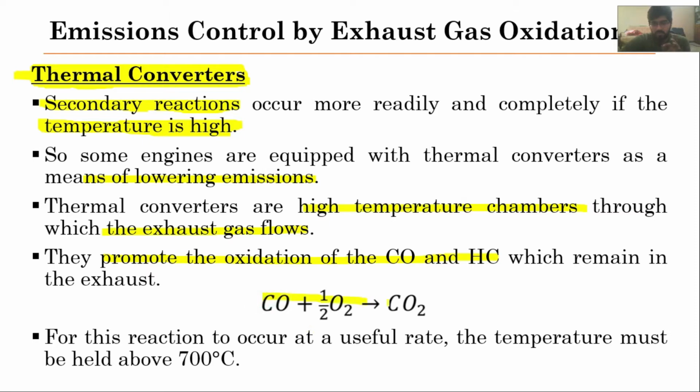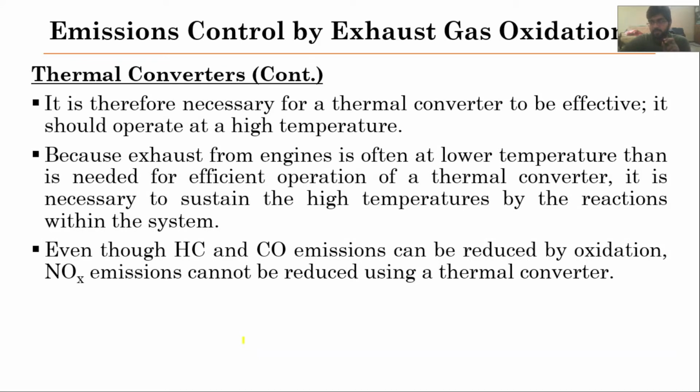Carbon monoxide will be converted into carbon dioxide, and unburned hydrocarbons will be converted into either carbon dioxide or water vapors. For this reaction the temperatures must be very high. These thermal converters usually operate at around 650 to 700 degrees Celsius, or maybe above 700 degrees Celsius.